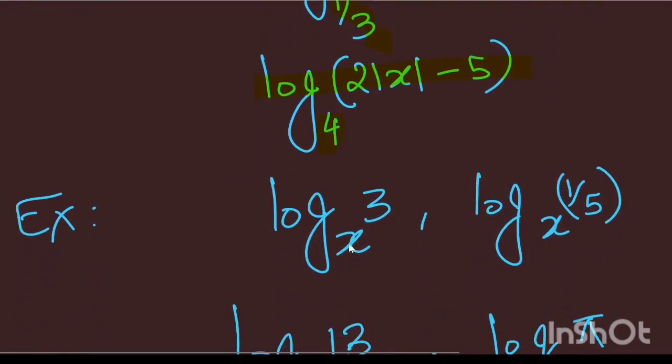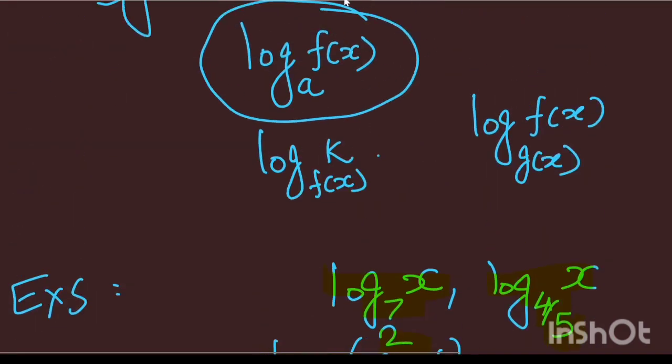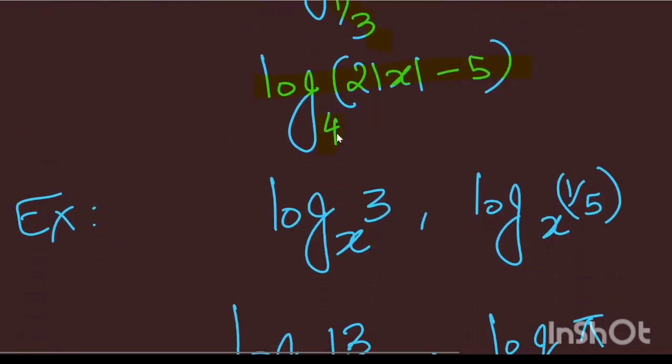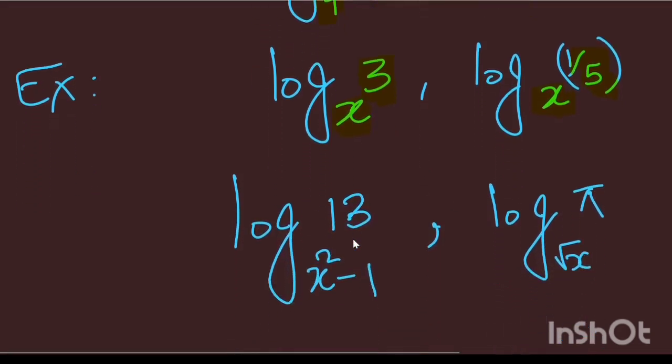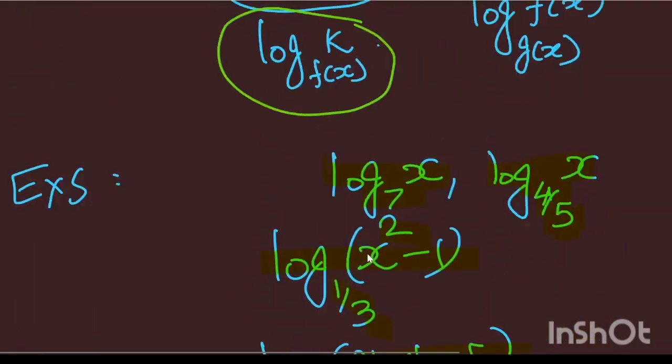Now if the base is changing, as I said, the second type, log k base f(x). So the argument is fixed here, which is 3 here, 1/5 here, but the base is different, it is x. More examples include log π base √x, log 13 base √x, x² − 1.